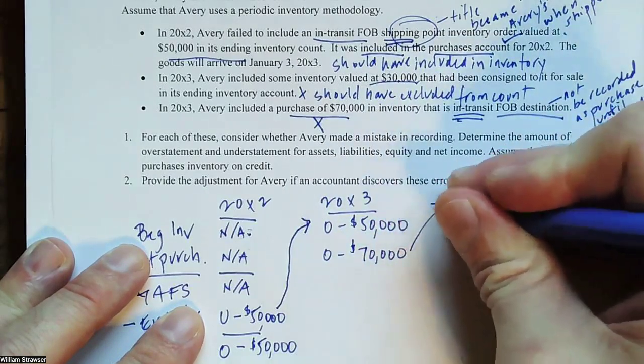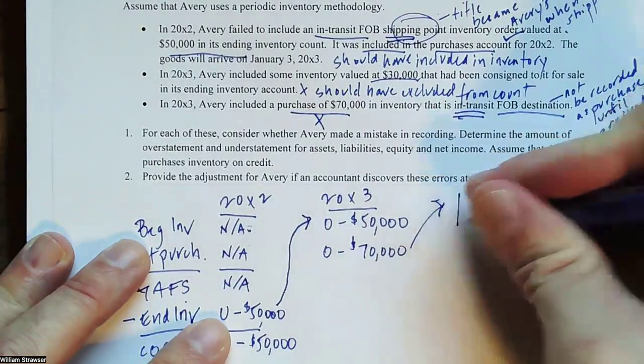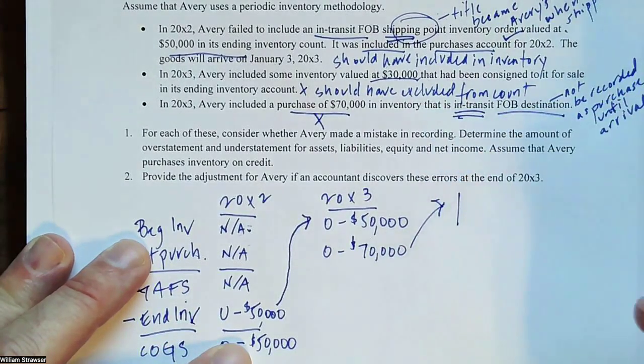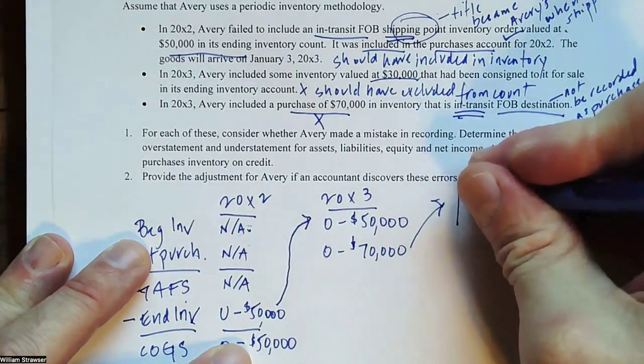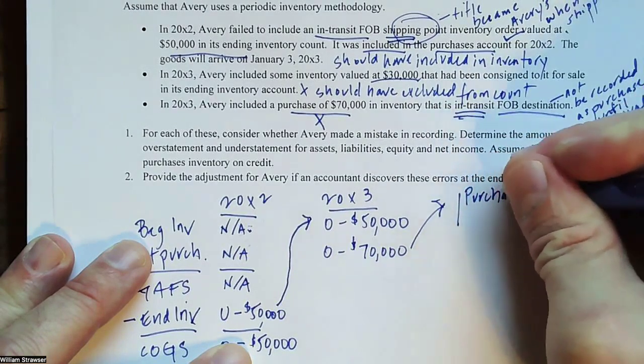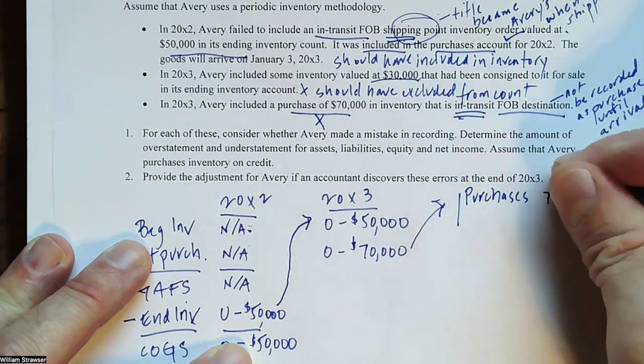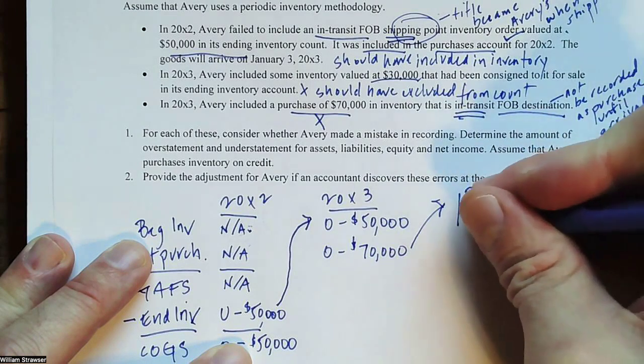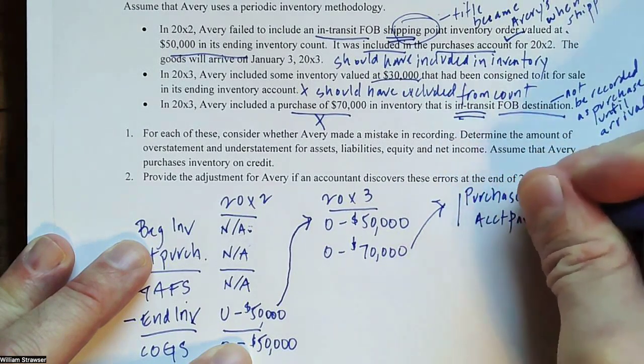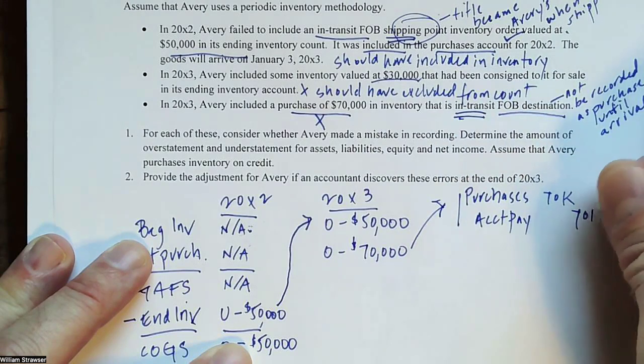And just as a reminder from the notes, remember when we're thinking of that overstatement of purchases, it affects two things. It affects my purchases account under a perpetual system, and it affects accounts payable, a liability, because we're purchasing on credit.